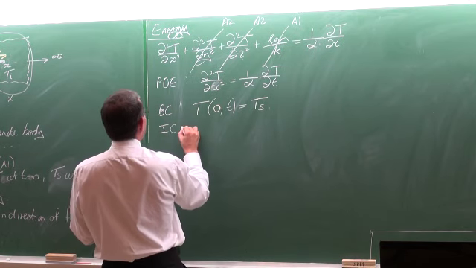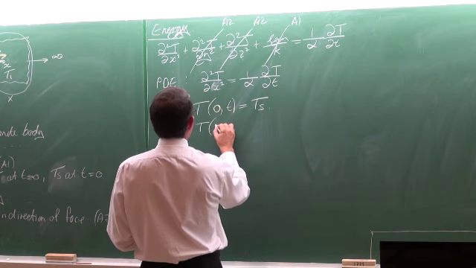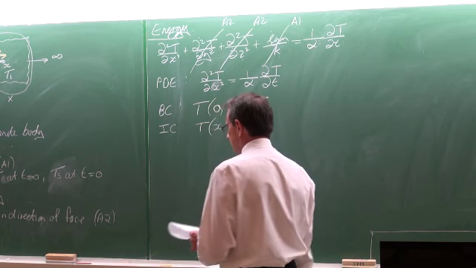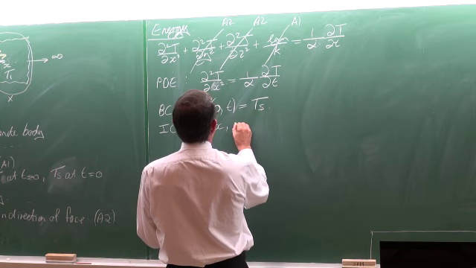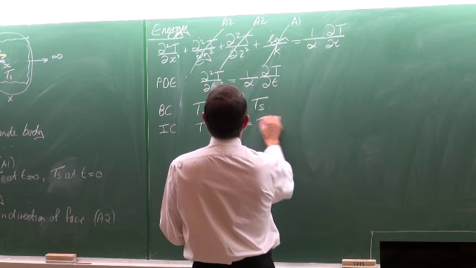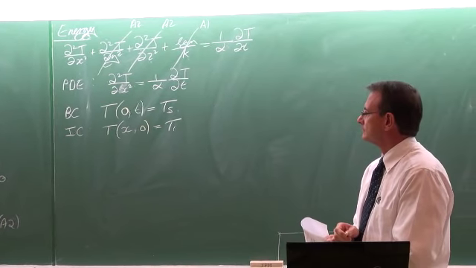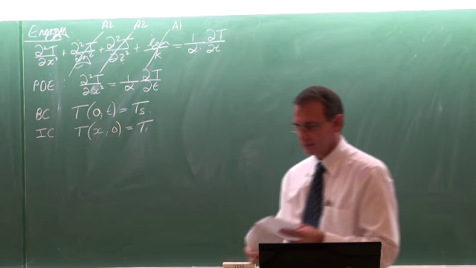So our initial condition would be that the temperature T at any position x at t equals 0 is equal to Ti. The whole body was at a temperature Ti.